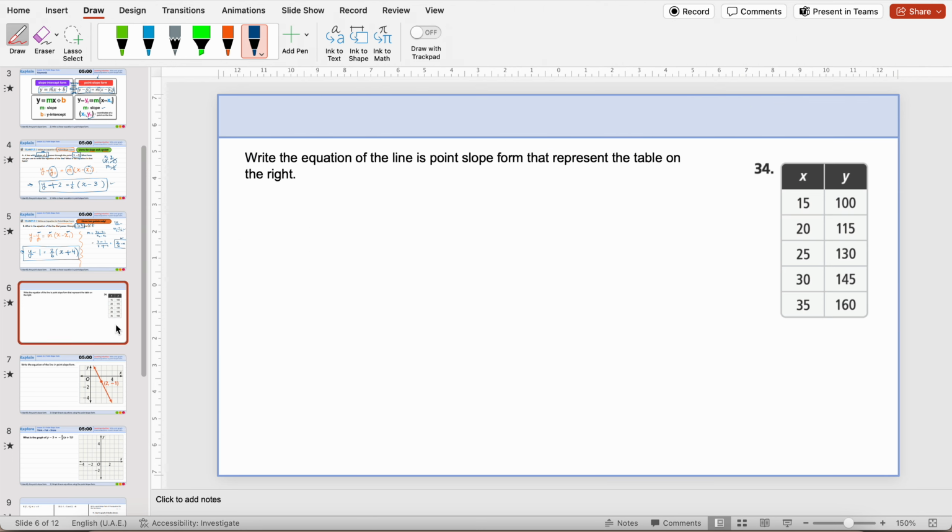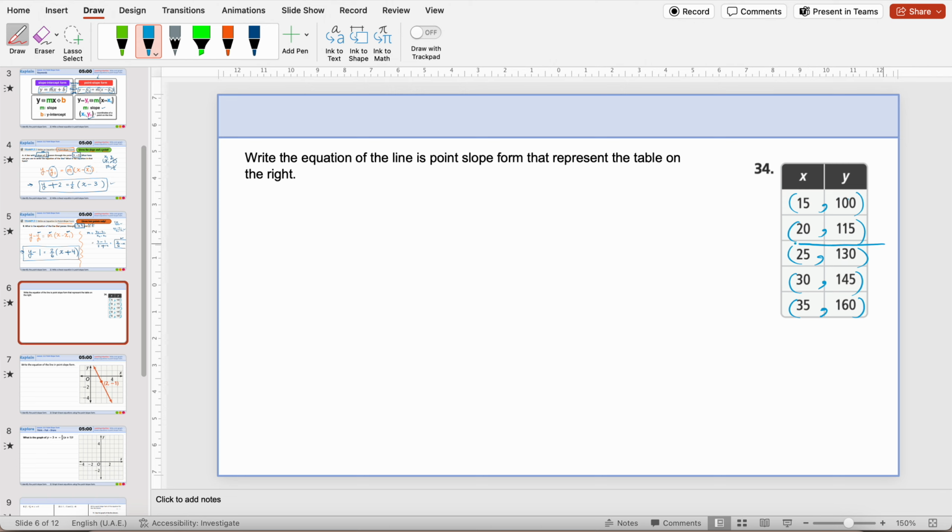Now moving forward to the third idea: what if I have a table? A table is just again like giving you many points. Instead of giving you only 2 points, I'm giving you many, like point number 1, 2, 3, 4. All of these are points, but they put them as a table. This is x, this is y, x, y, x, y, and so on.